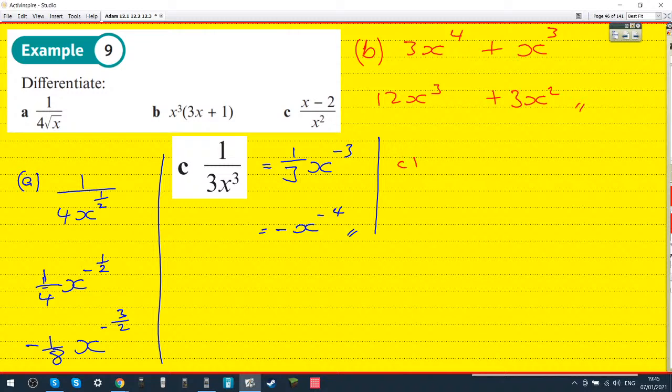Okay. So could you differentiate x squared to become 2x?